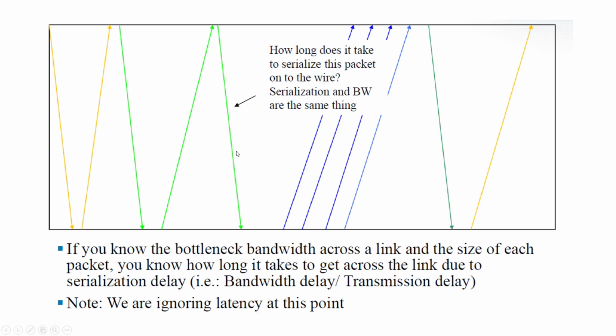The slope of the arrow will depend on the size of a packet or the size of a message and the bandwidth. If the bandwidth is very high, it will take less time to transmit the packet. And the formula, sorry, is the packet size divided by the bandwidth, not as I said before.